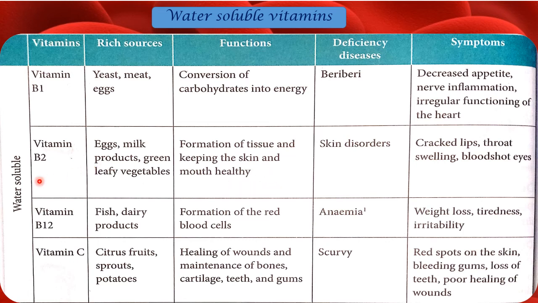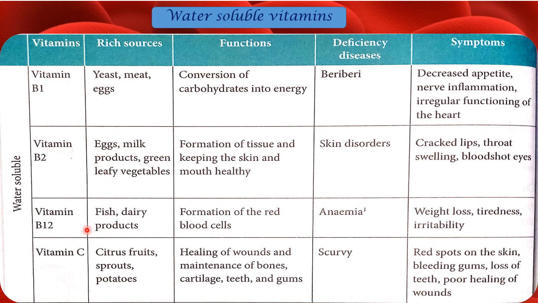Vitamin B2. Skin related disorders are caused by the lack of this vitamin. Skin disorders, cracked lips, throat swelling, bloodshot eyes, all these things are the symptoms seen because they lack vitamin B2. So just make sure that you include more of these foods in your diet.